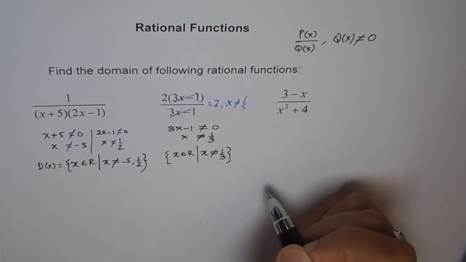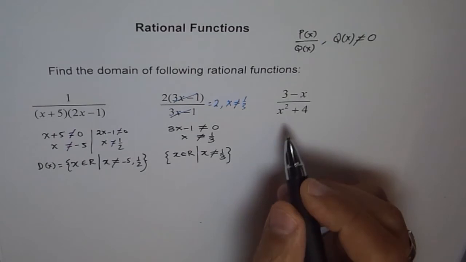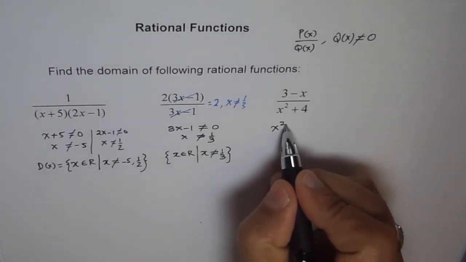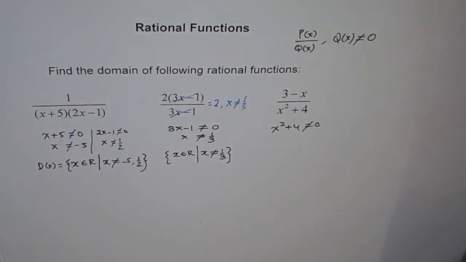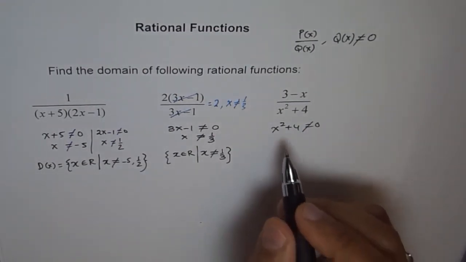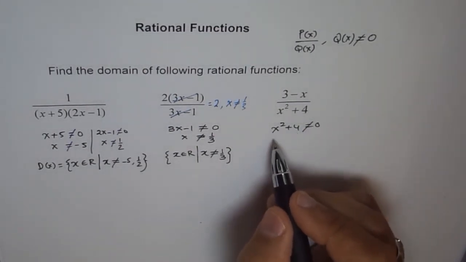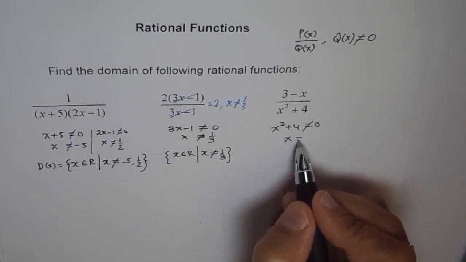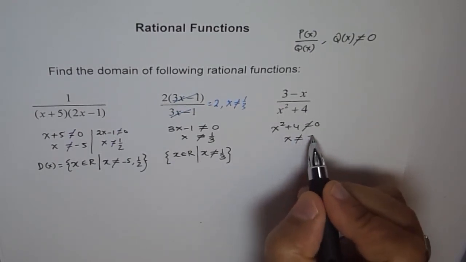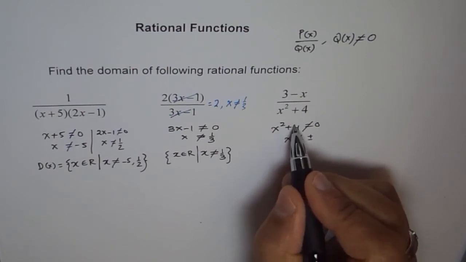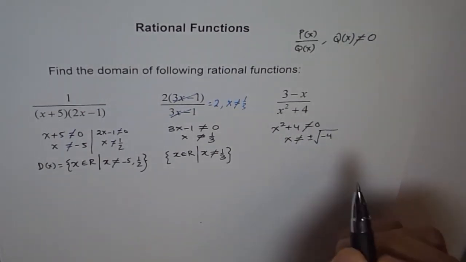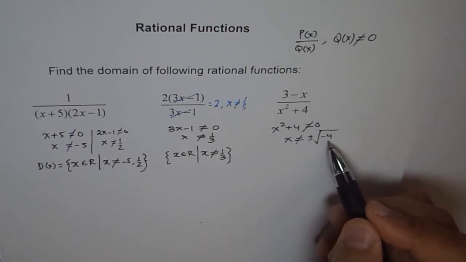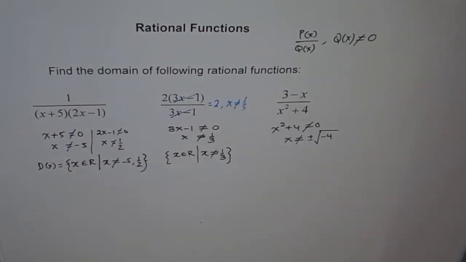How about the third function? Here, we figure out if x squared plus 4 is equal to 0. We say this should not be equal to 0. You can write it either way. That means x is not equal to plus and minus the square root of minus 4, since taking 4 to this side makes it minus 4. Now since the square root of minus 4 is not a real number, there is no real restriction here.